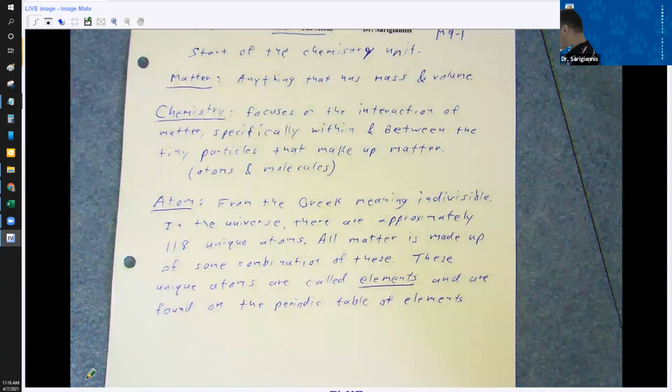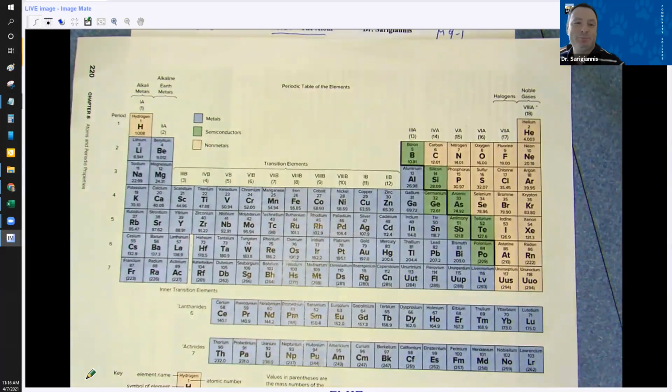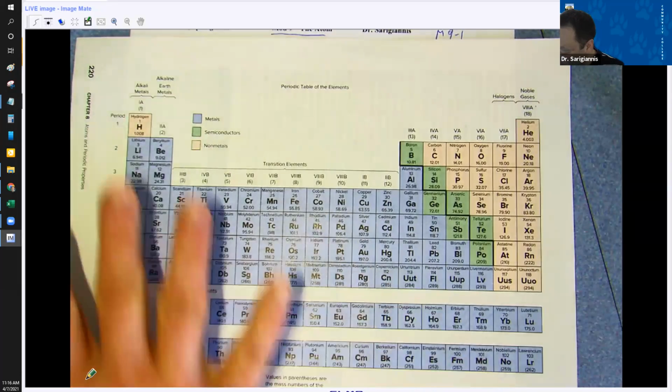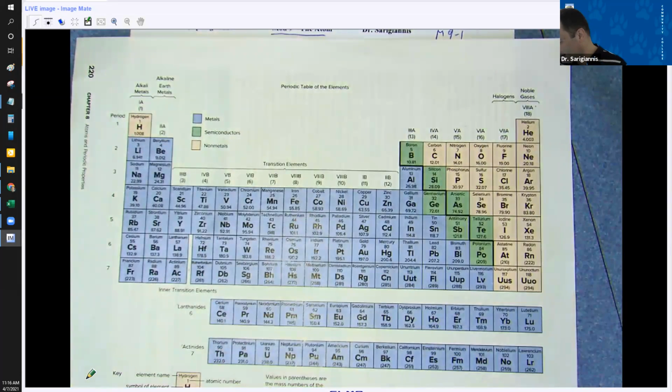So atoms make up all the stuff around us, and chemistry is the study of how atoms and molecules react with one another, how they interact, and how they form the matter that exists. I'll show you a quick, even though technically this is what I meant about breaking things up into modules. This is the periodic table. We're going to cover this in the next module, but I just want you to see it and be aware of its existence.